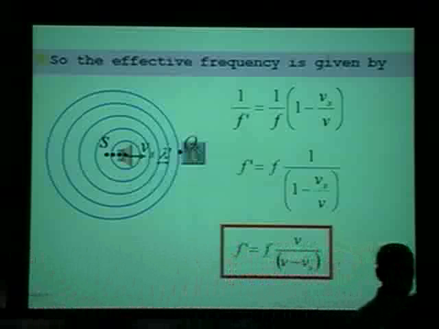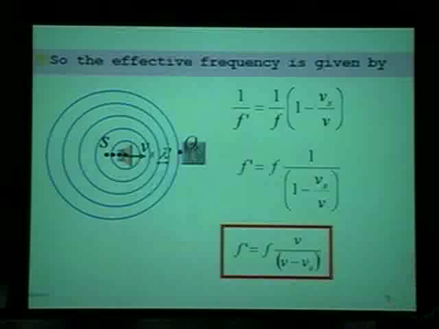But if the source were moving towards me at 60 miles per hour, then this velocity of the source would be about 1/10 the velocity of sound, and hence we'd have something over about 0.9. So effectively, the frequency would increase by about 10%.